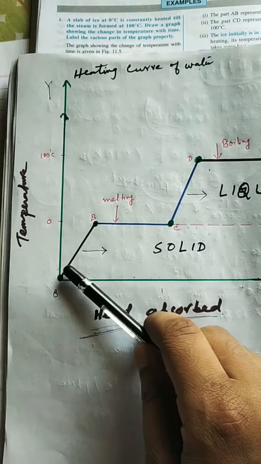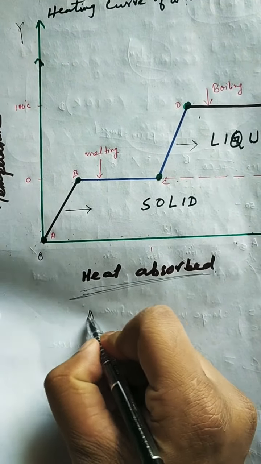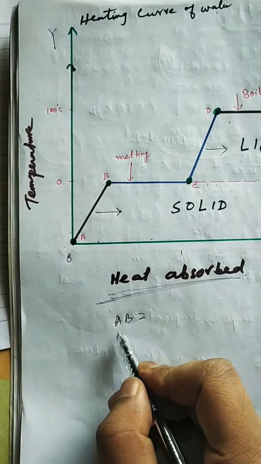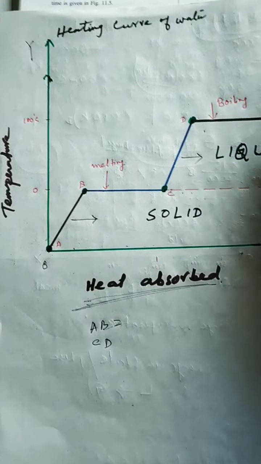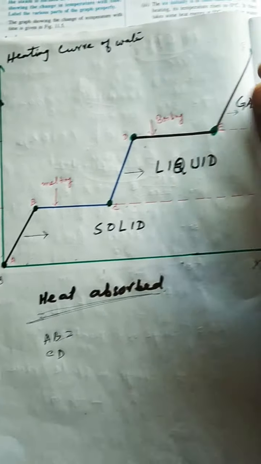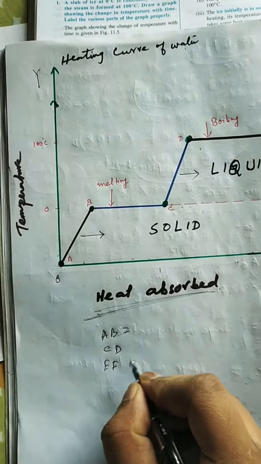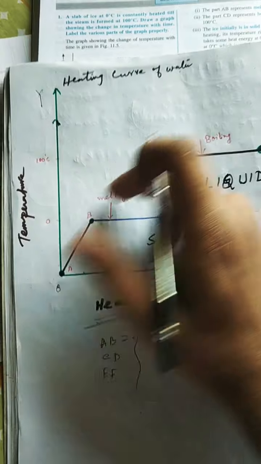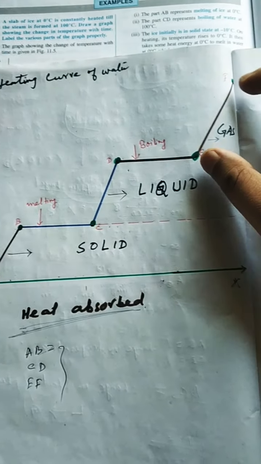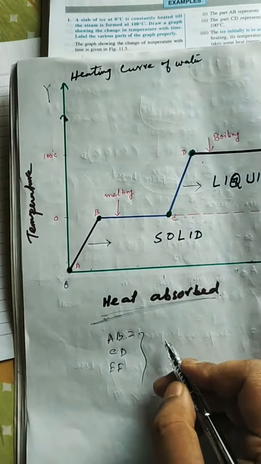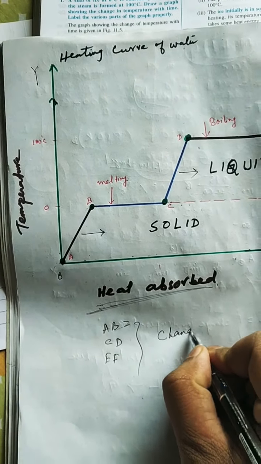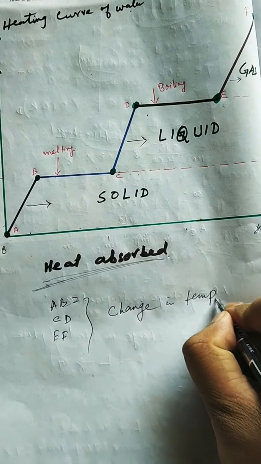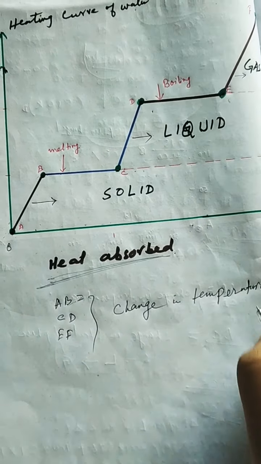Now AB, CD and EF indicate the change in temperature of a substance.